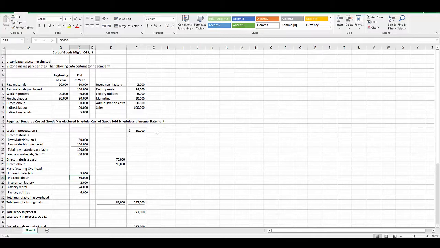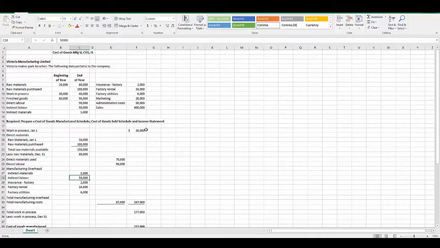Plus, at the beginning of the year, you had work in process. What work in process really means is during the previous month, you were working on making those park benches, but they weren't fully complete at the end of December. So you're carrying forward the partially completed benches along with the cost that you incurred last year. You're going to finish those this year.